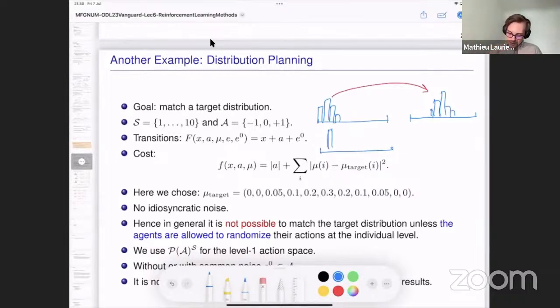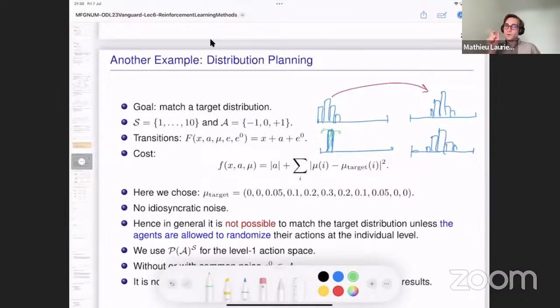So imagine you give me an initial distribution, which is basically a Dirac, which is concentrated at one state, and I want to match this terminal distribution, which is spread over several states. If there is no noise in the dynamics, there is no way I can do that using pure controls, right? Because all the agents here, I'm going to tell them, go to the right or go to the left, and they're all going to do that, right?